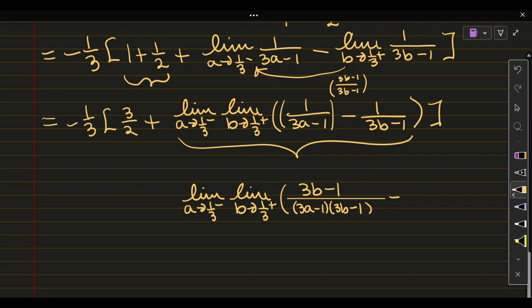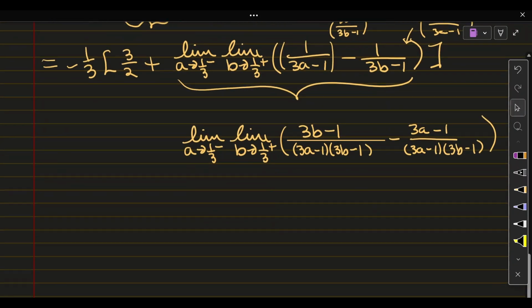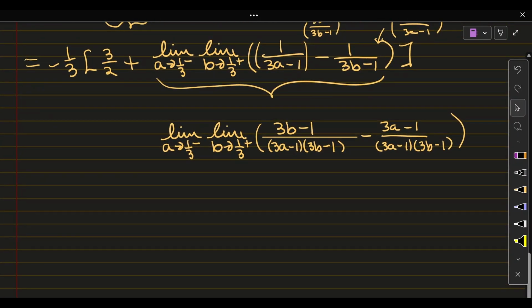And then I have minus, so I'm multiplying this whole thing by 3a minus 1 over 3a minus 1 to give them a common denominator. So I have 3a minus 1 over 3a minus 1, 3b minus 1. Okay, and now I go ahead and write out the rest of this here. This is just carrying things down from the last line.